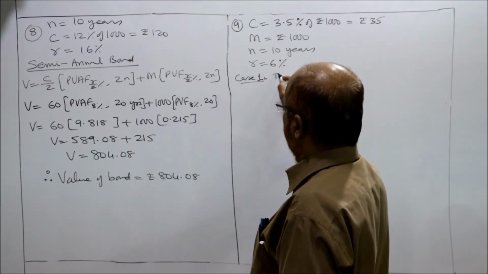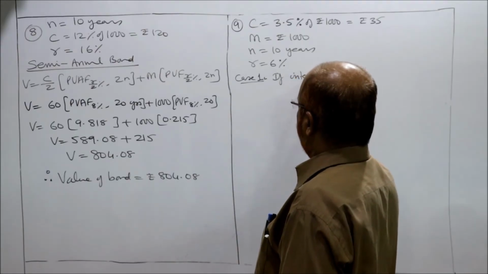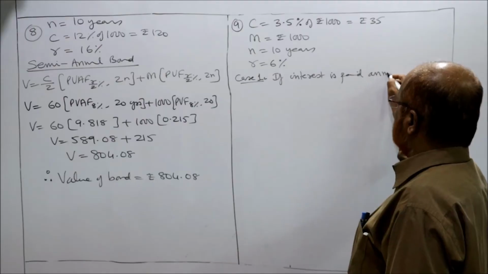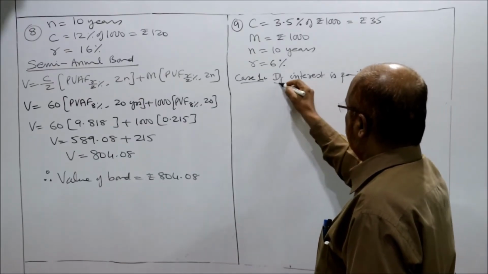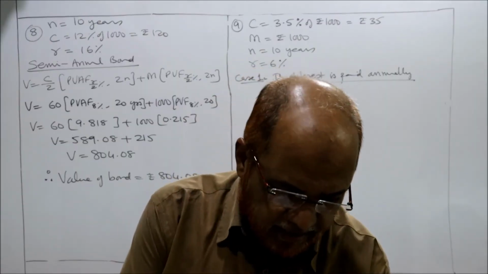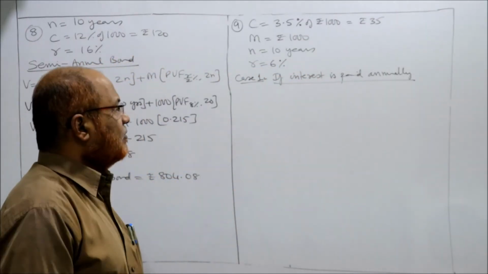Case 1. If interest is paid annually, the first case we are taking interest paid annually, and second case we will take interest paid semi-annually.